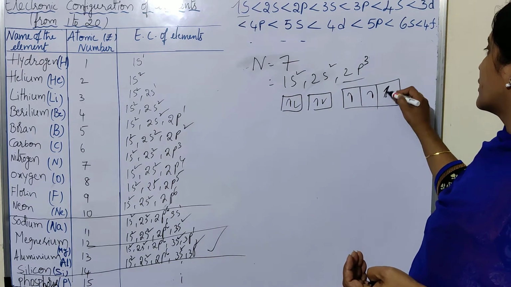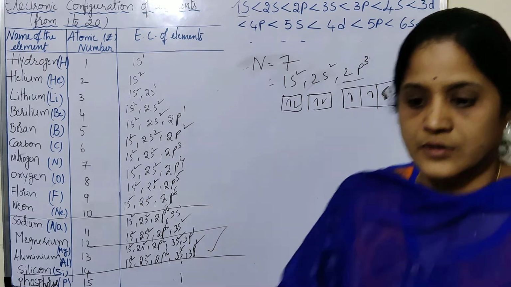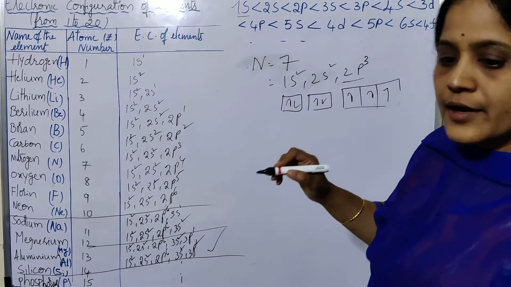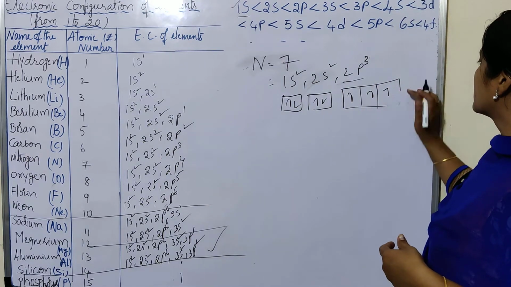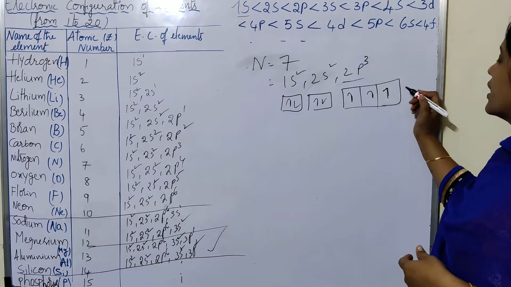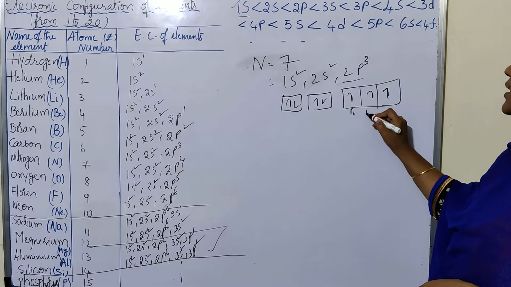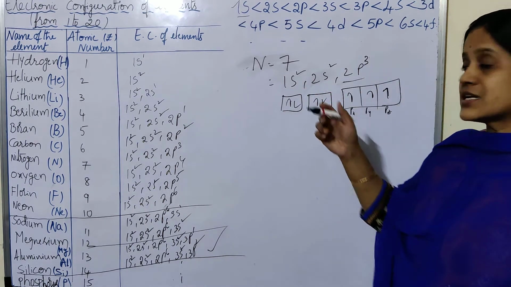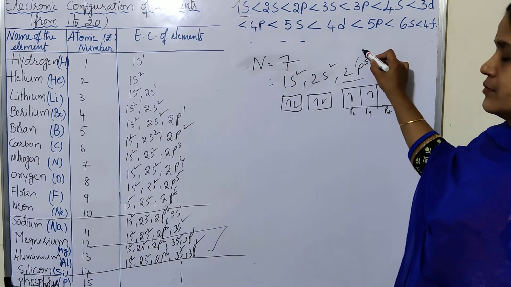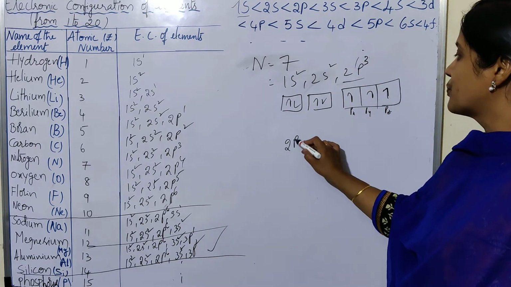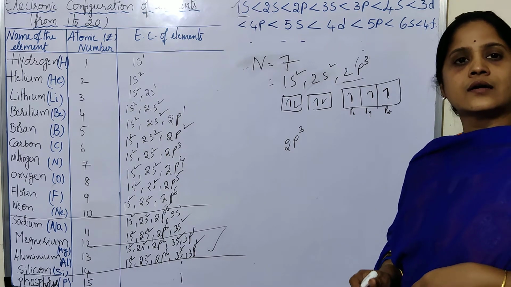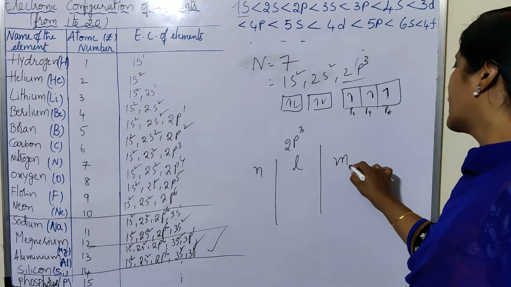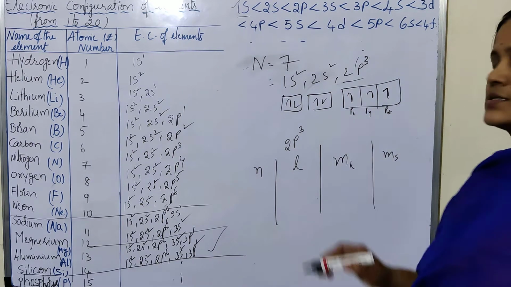So the electron enters into this one. Actually, the p orbital is divided into px, py and pz. So the differentiating electron or the last electron is in the p orbital. So you take it as 2p3 and write all the 4 quantum numbers n, l, ml and ms.